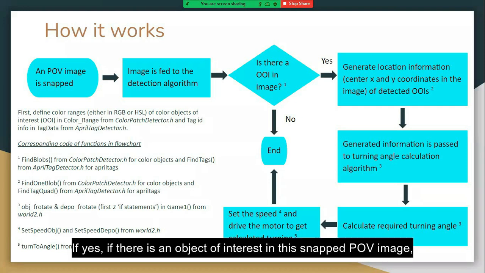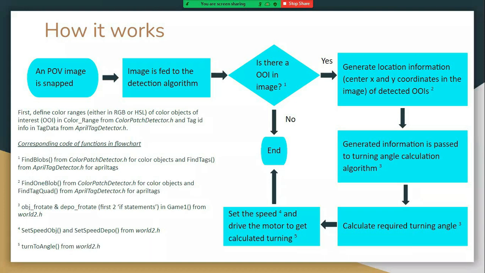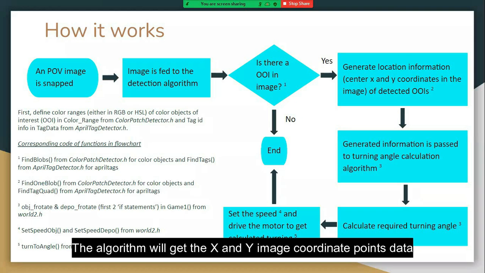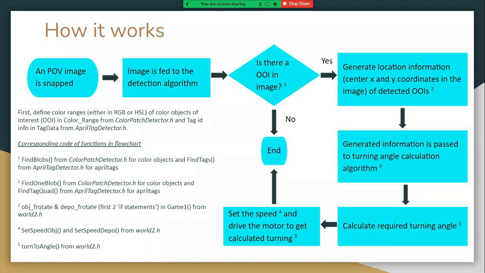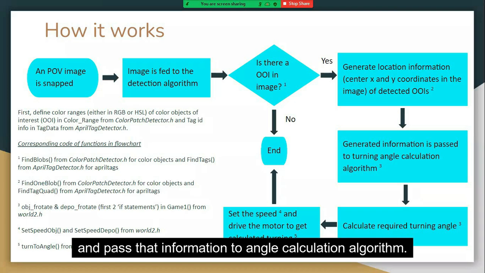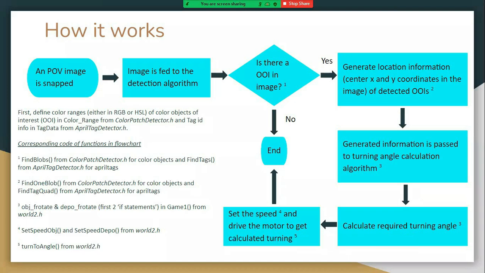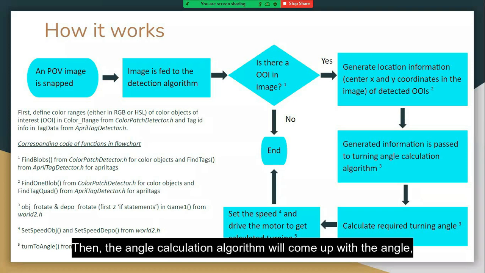If yes, if there is an object of interest in the snap POV image, the algorithm will get the X and Y image coordinate points data of that object of interest and pass that information to the angle calculation algorithm. Then the angle calculation algorithm will come up with the angle which the car needs to turn to head to the detected object of interest.